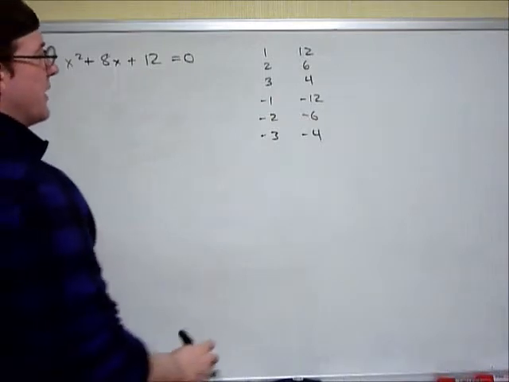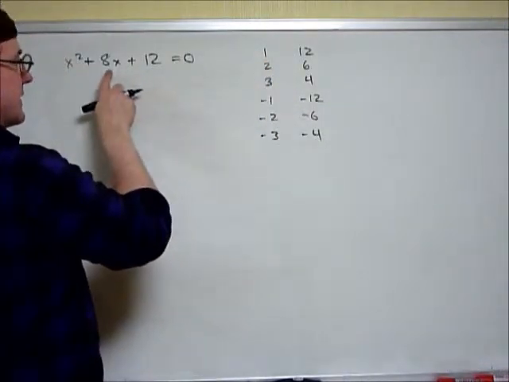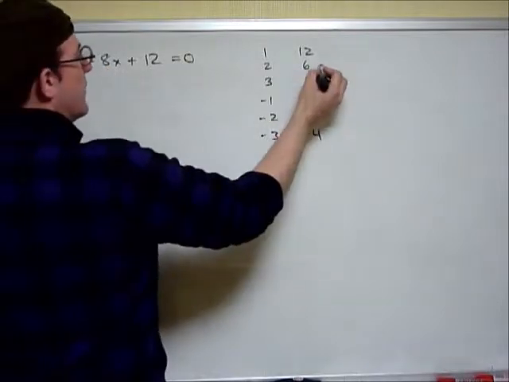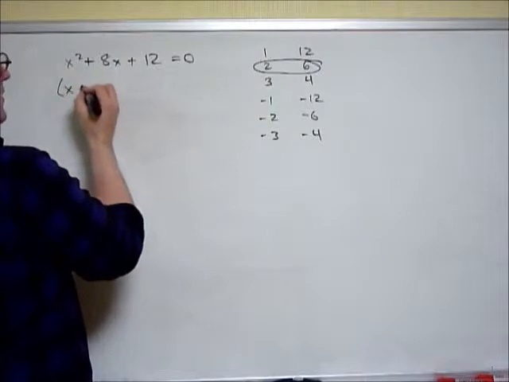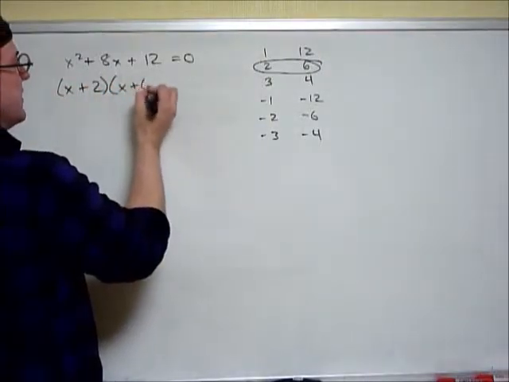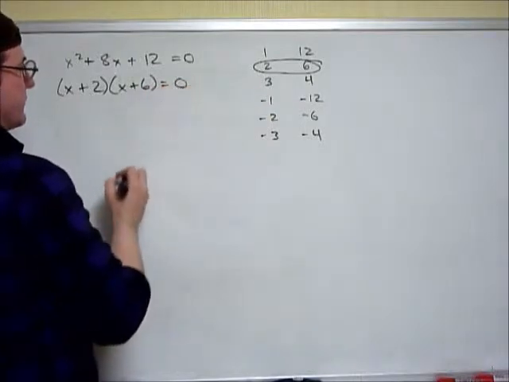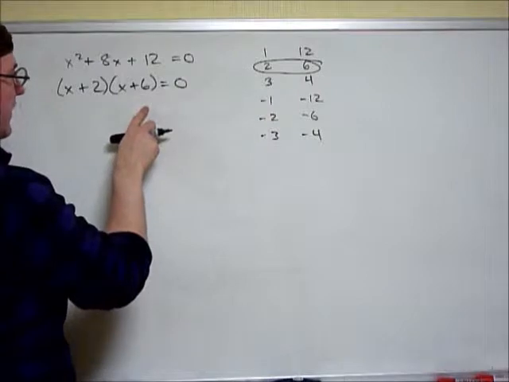And then you've got to pick the pair of those that add up to 8, right? Which are these two. And then you can say x plus 2 times x plus 6 equals 0. And then you know that you can find two solutions for x.